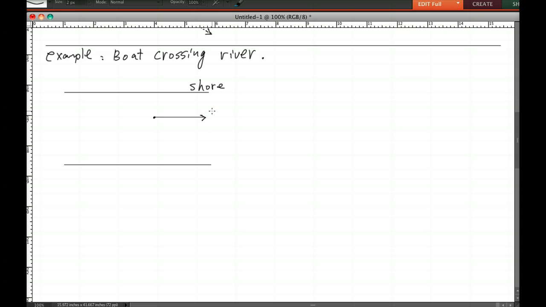That's labeled as V W relative to the shore, or actually just the earth. We need to label it here. W means water, and S means the shore. And then we have a boat.